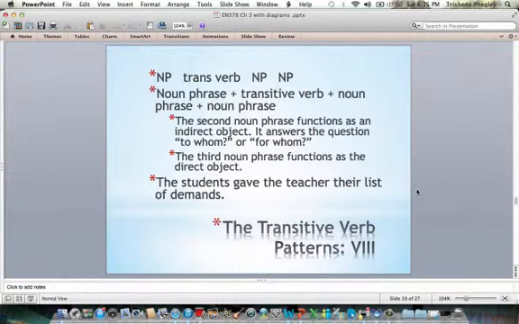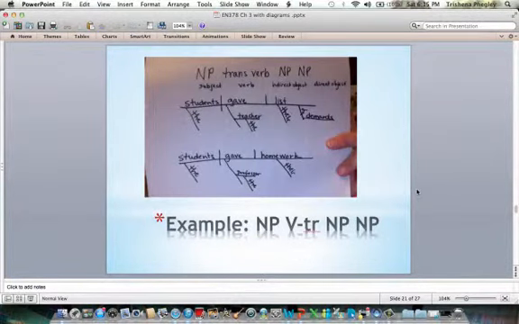All right, next pattern, noun phrase, transitive verb, noun phrase, noun phrase. We talked about this in class: the second noun phrase functions as an indirect object. It answers the question to whom or for whom. And the third noun phrase functions as the direct object. So the sentence I used, the students gave the teacher their list of demands. All right, so students is our subject, gave is our verb. Students gave what? List, okay? And then if we ask that question, students gave list to whom or for whom?